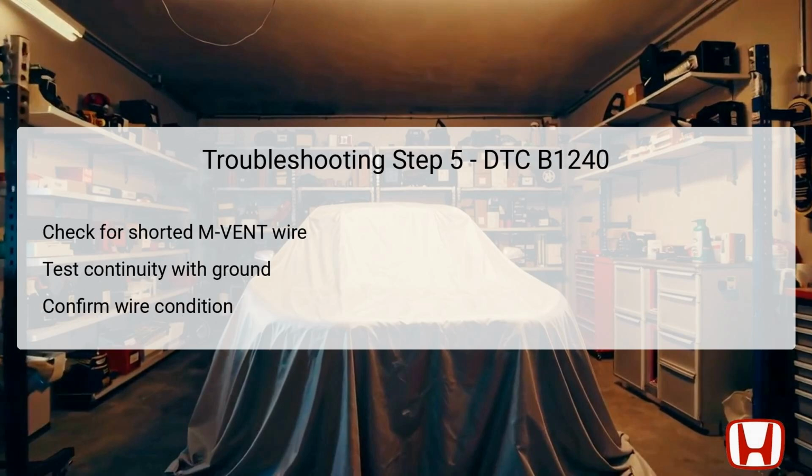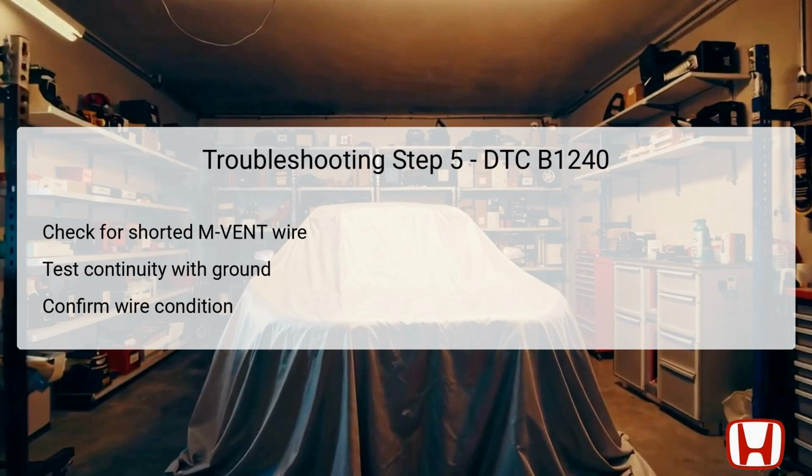Proceeding to the fifth step, you will check for shorts in the M vent wire, similar to the previous step. Ensure the vehicle is still in the off-lock mode, with the connectors disconnected. Continuity should be tested between the climate control unit connector B, pin number 19, and body ground.